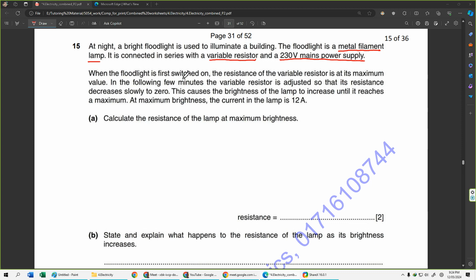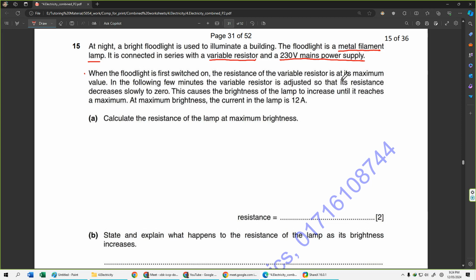When the floodlight is first switched on, the resistance of the variable resistor is at its maximum value. In the following few minutes, the variable resistor is adjusted so that its resistance decreases slowly to 0. এই ইনফরমেশনগুলো ভালো করে খেয়াল করেন.